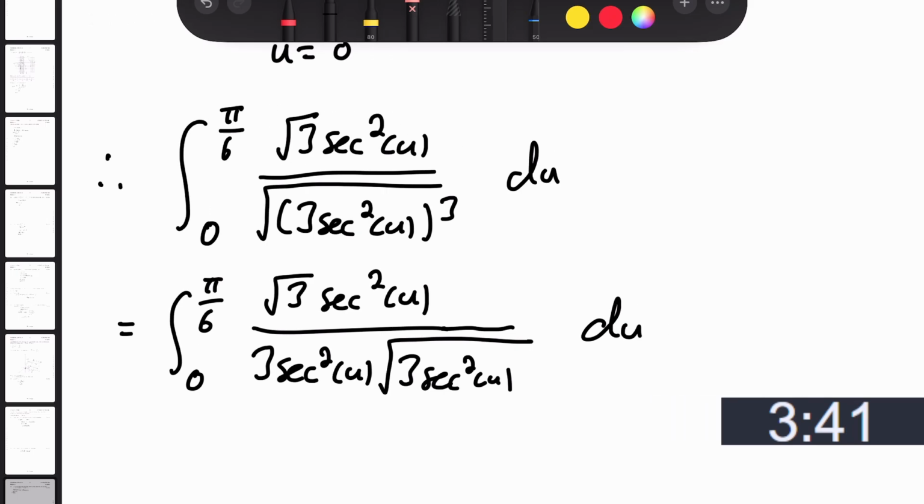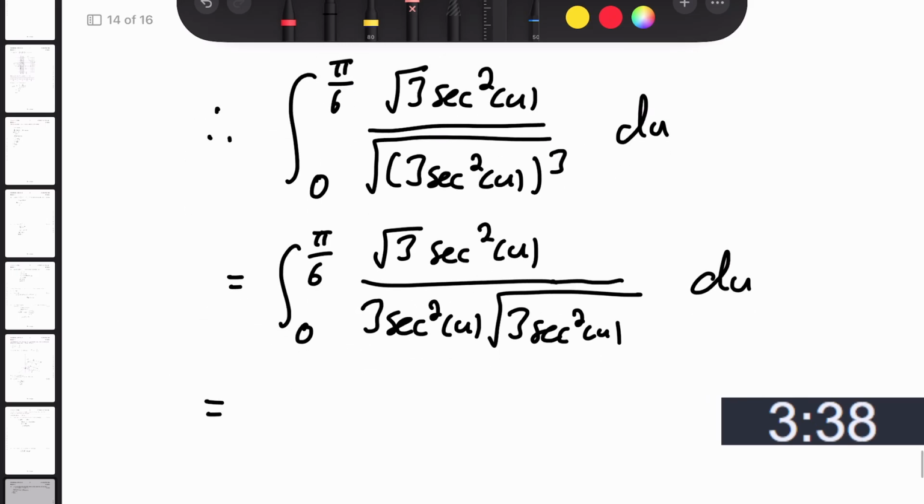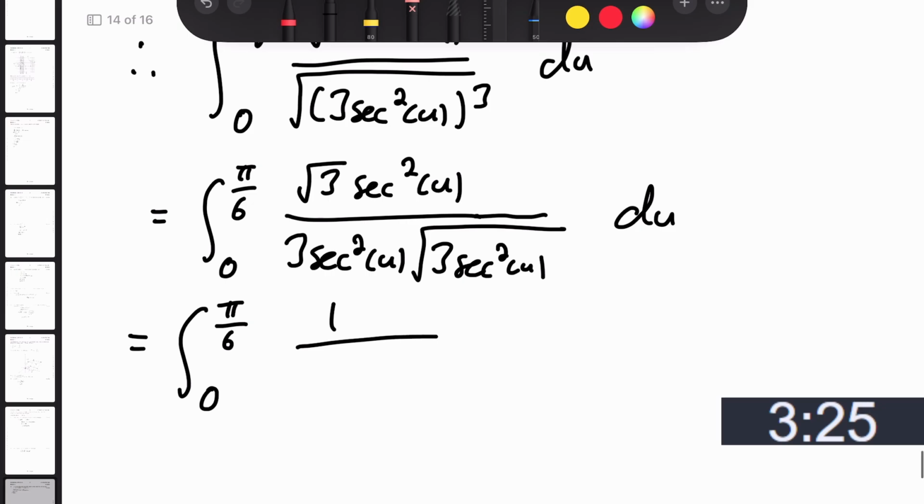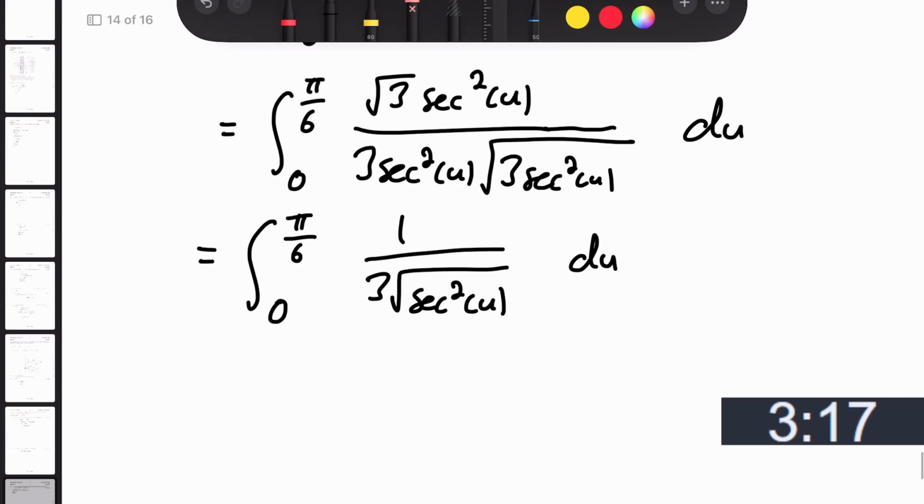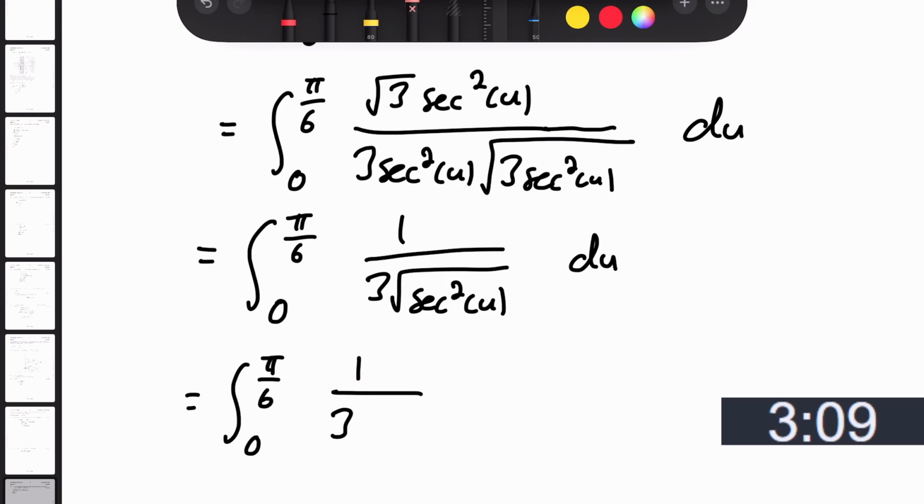So these square roots of 3 are going to cancel. That square root of 3 and that square root of 3 are going to cancel. This secant squared and that secant squared will cancel. So this will be 1 on 3 secant of u du. So it's just going to be equal to the integral from 0 to pi on 6 of 1 on 3 secant of u du.